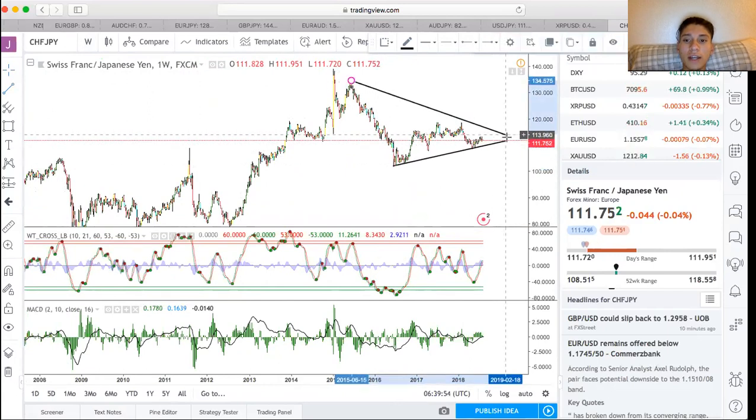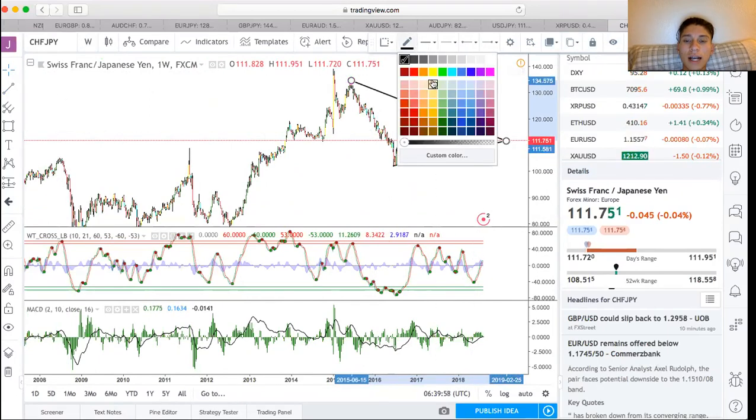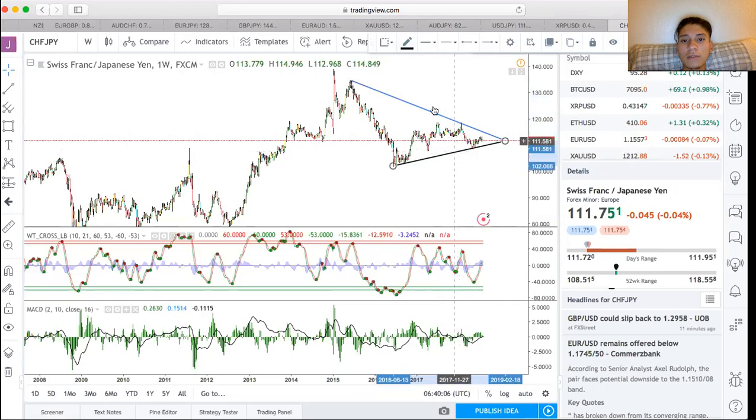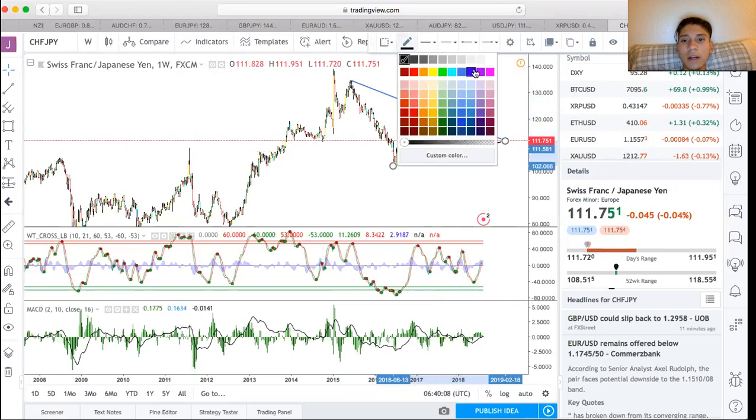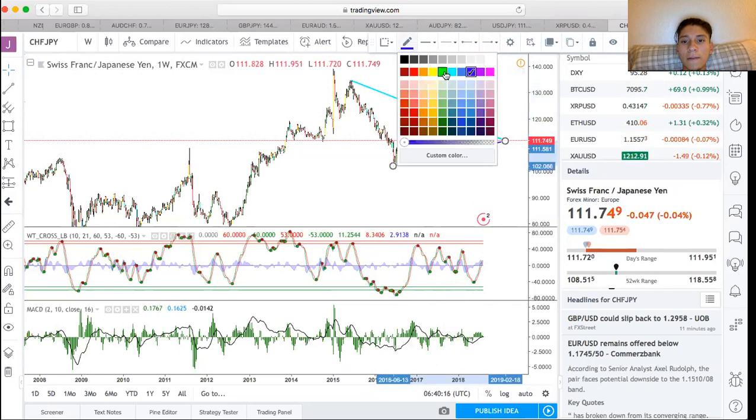So I drew my counter trend line and then my regular trend line. I'll just use blue, since blue is my favorite color. Actually, let's do light blue. Sorry, I'm pretty indecisive. So I drew my lines.